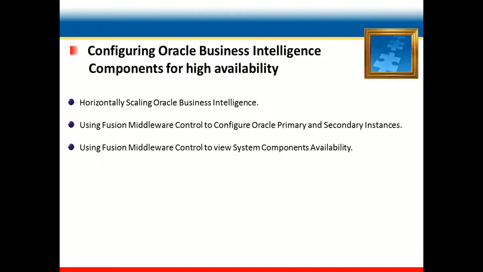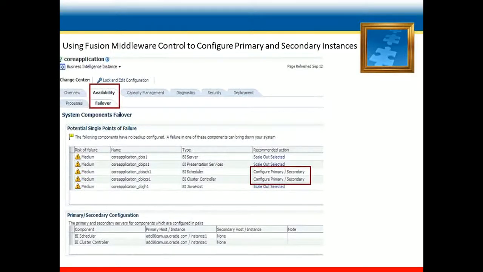Horizontally scale out the OBIEE deployment, so that it includes two components with a full set of Java and system components in each host. This task includes running the Oracle Business Intelligence installer, configuring the shared files and directories, and scaling out the system components using Fusion Middleware Control. Second, configure the primary and secondary instances of the cluster controller and BI scheduler.